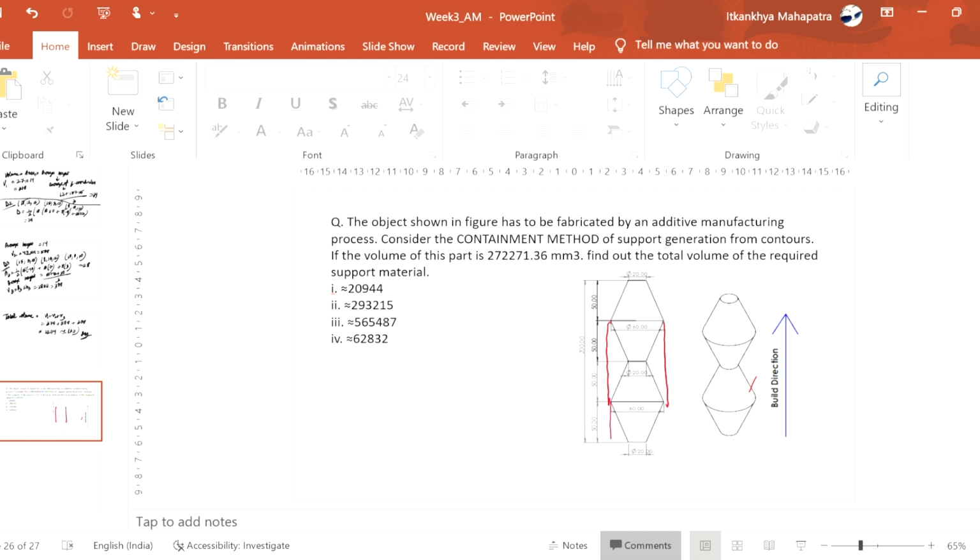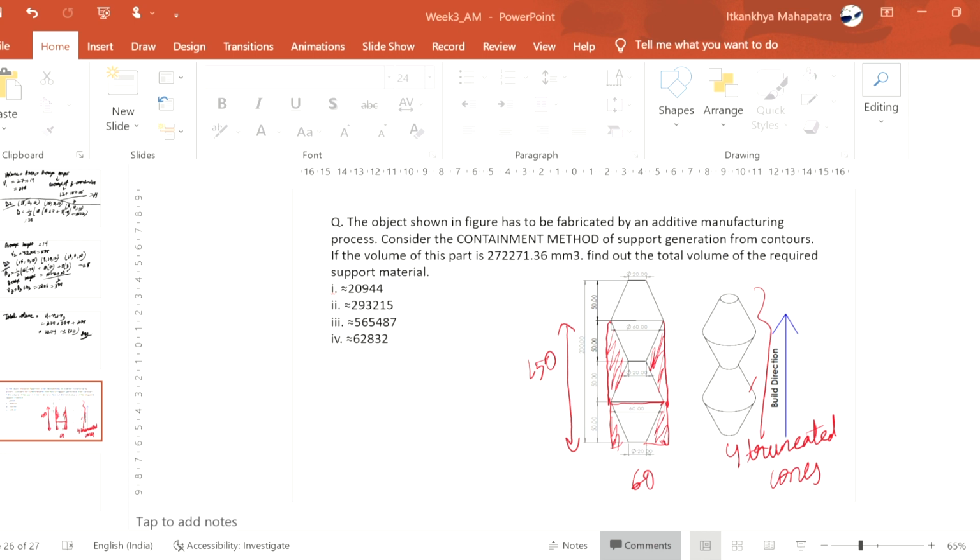Okay. Now this object consists of 4 truncated cones. This total, if we consider this one, is 150. This is 60, as it is given here, and the width and depth will also be 60.